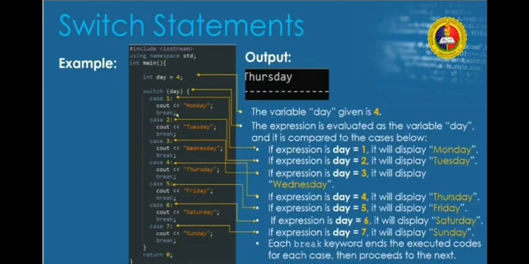That means it is the end of that particular case. So if case 1 doesn't match, then break, and proceed to the next. Right? So again, we have case, and then the value, a colon rather, not a semicolon, and then the code to be executed, and then break.